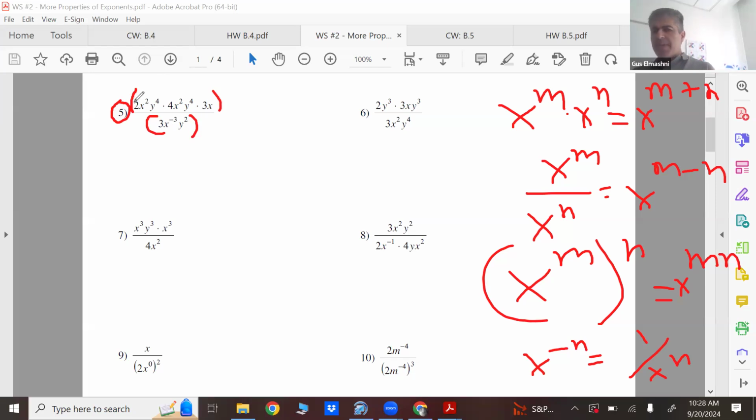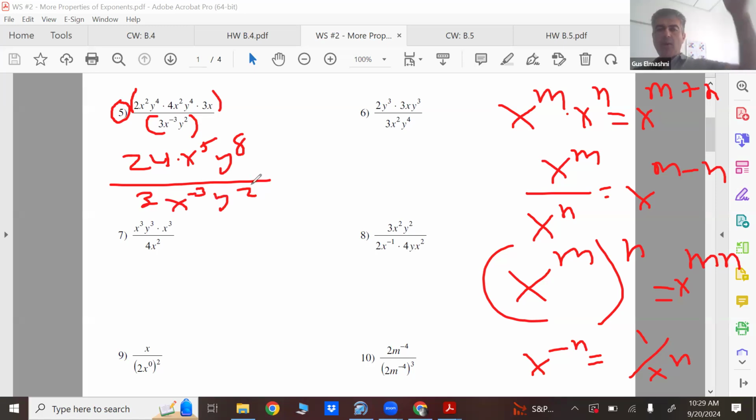When I look on the inside of the top, 2 times 4 times 3 is 24. x squared times x cubed is x^5. y^4 times y^4 is y^8. And down below I have this. Then I go vertically. 24 over 3 is 8. Then I subtract. 5 minus -3 is 8, so it's x^8. 8 minus 2 is y^6.